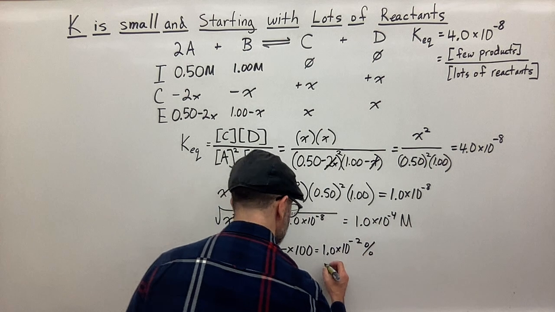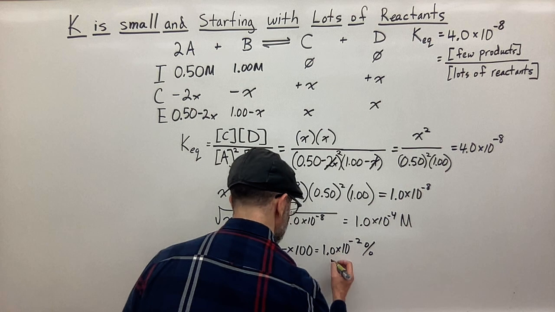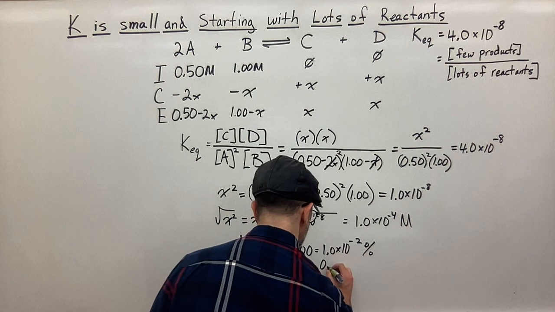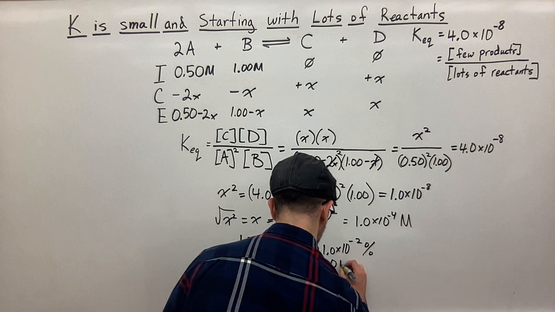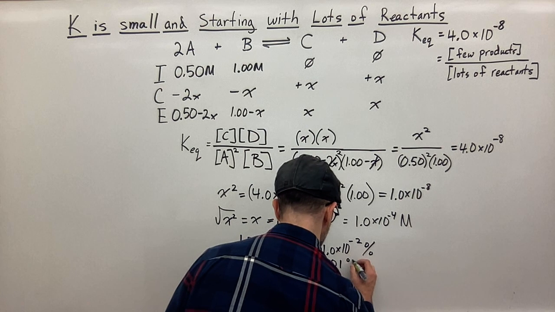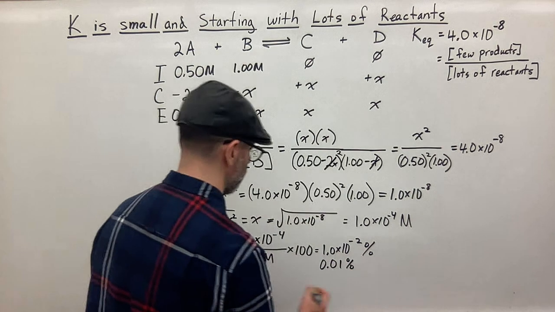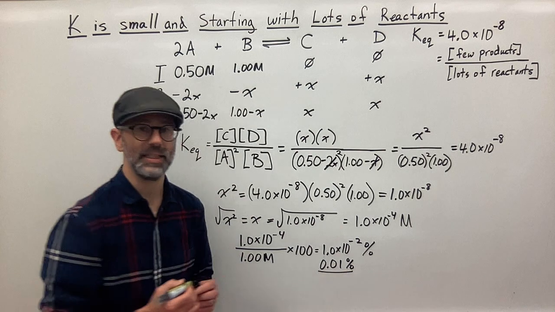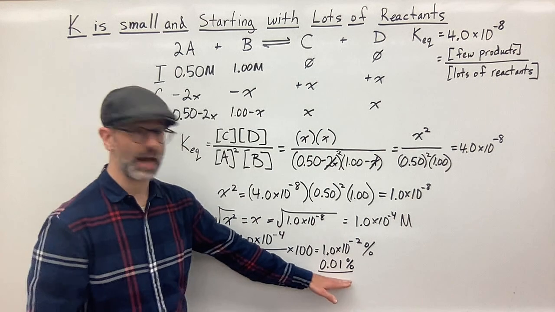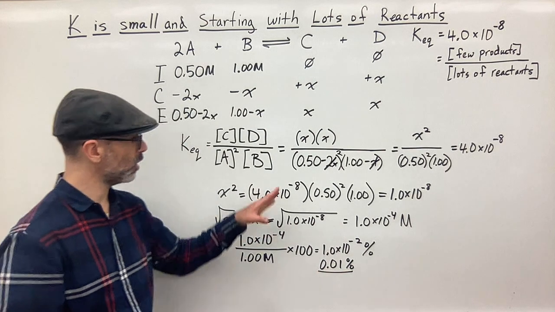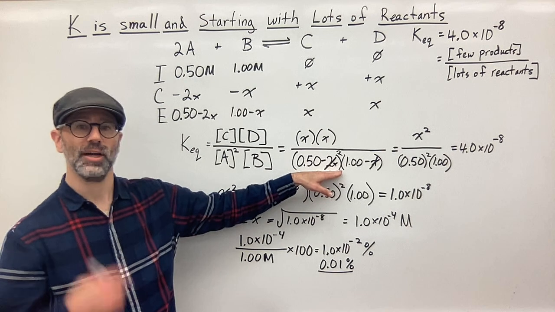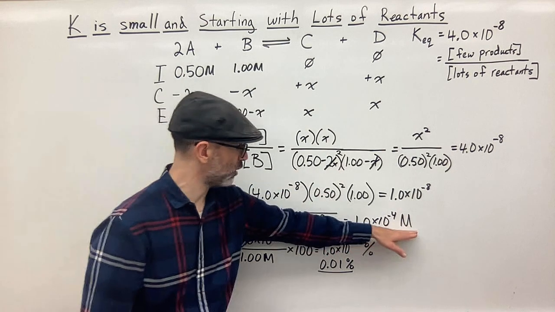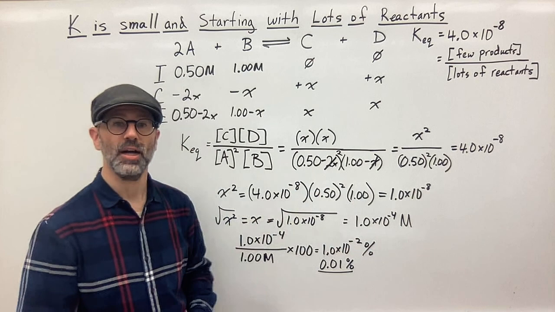Or if you want to write it normally in standard notation, you'd have 0.01%. So that is obviously less than 5%. So our assumption here that we can neglect X is valid. So we can go ahead and keep this value for X and use it in our calculations.